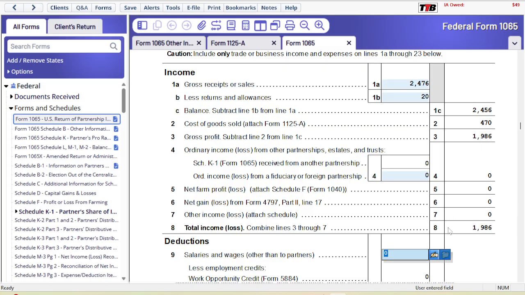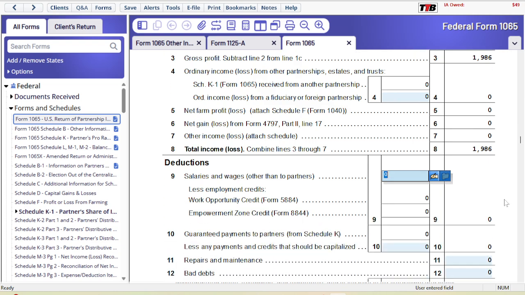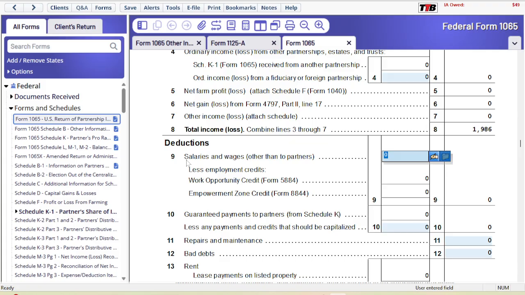Now we are going to go to the deduction section. Salary and wages other than to partners. As a partner of an LLC, when you work in it, you are not paying yourself. Therefore, if you hire other people to work in the business, wages you pay them will go on line 9.